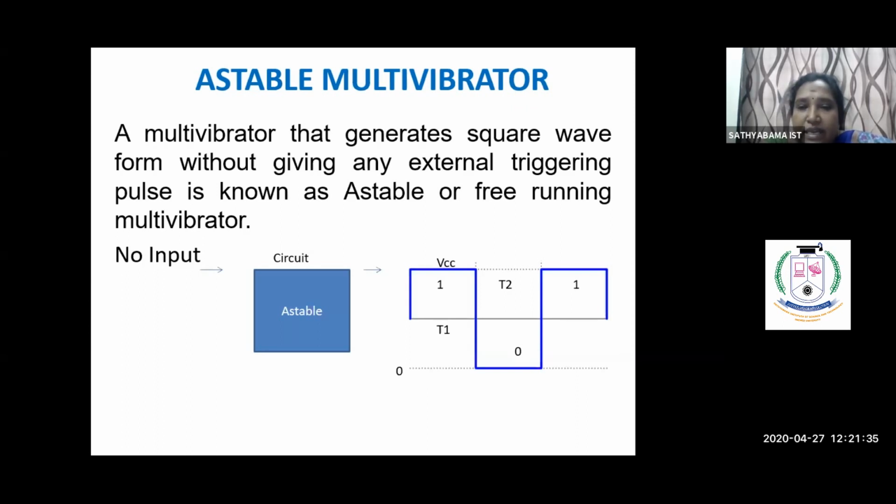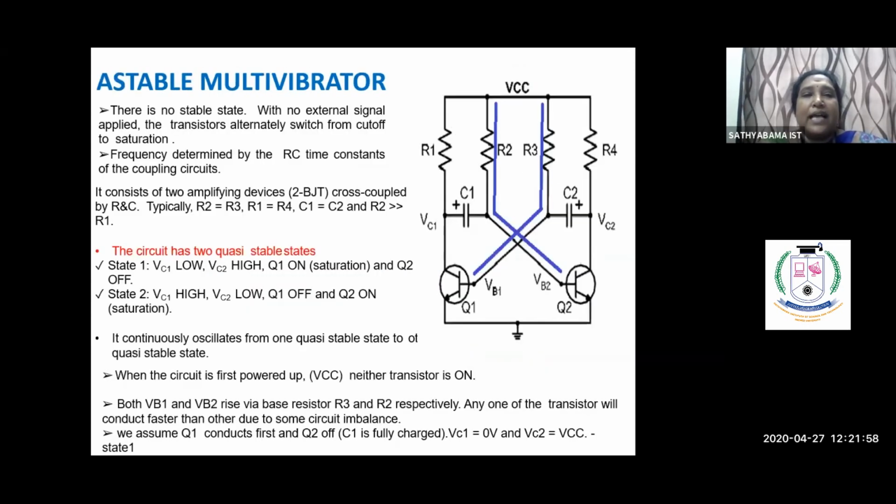Look at this diagram: it goes to state 1, then state 0, then back to state 1, state 0. You continuously get the output like this. That's why the astable multivibrator is called the free running multivibrator. Now we'll see the concept of the astable multivibrator in detail.